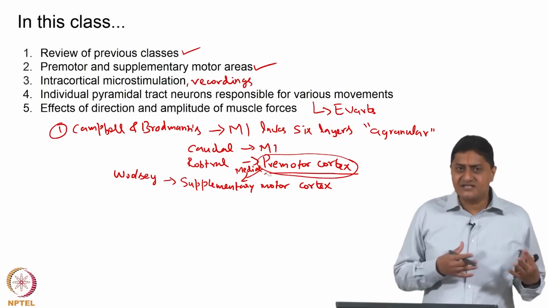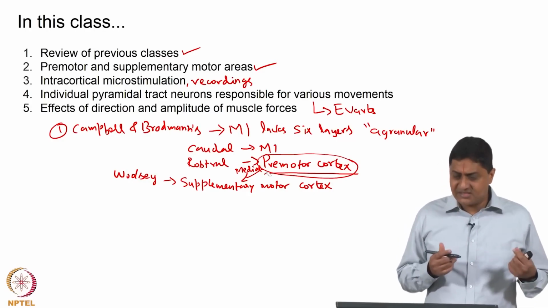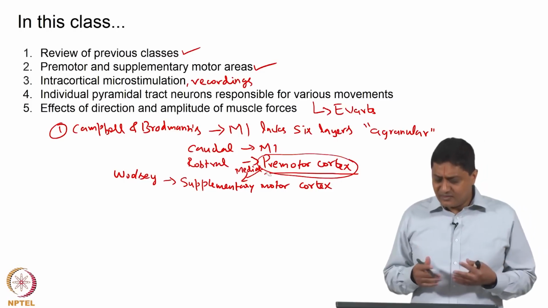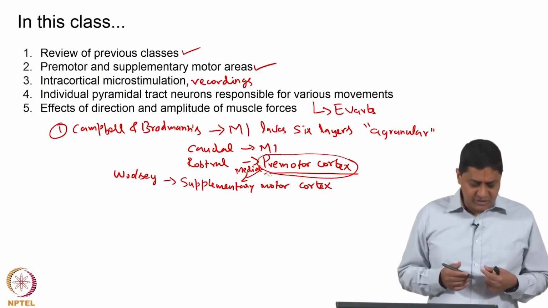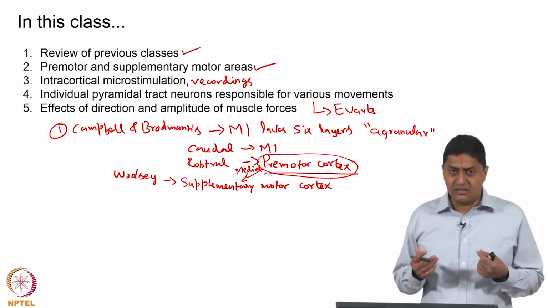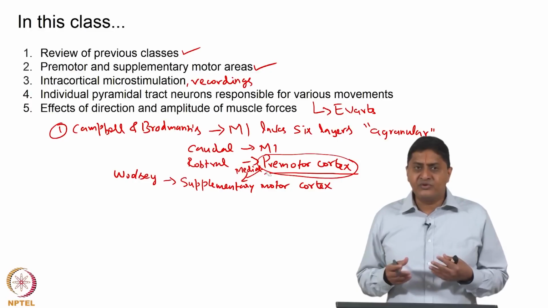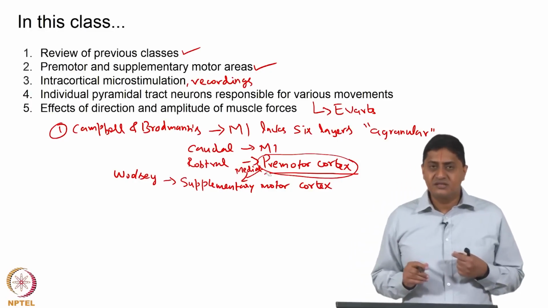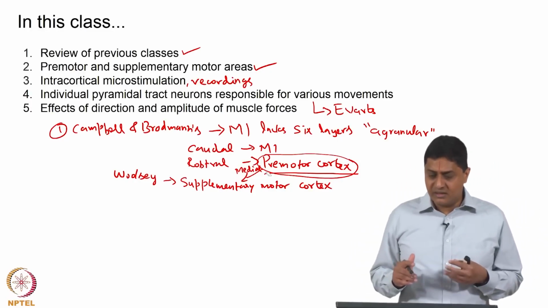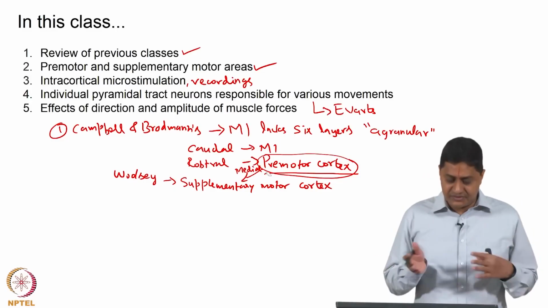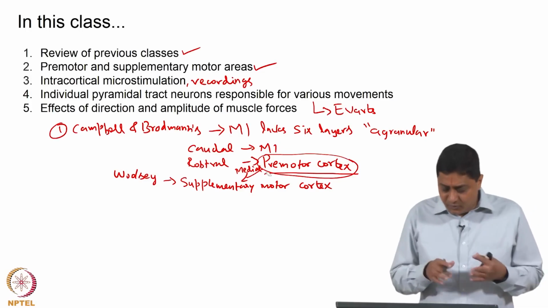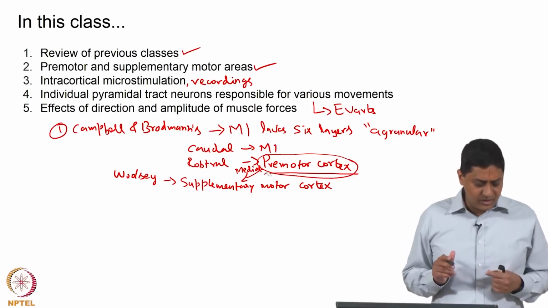We discussed motor maps in the previous class, and in comparison with M1, the supplementary motor area has less detailed motor maps and signals both start and stop of movements, unlike M1, and can activate parts of the body on both sides. So, once again different from M1.